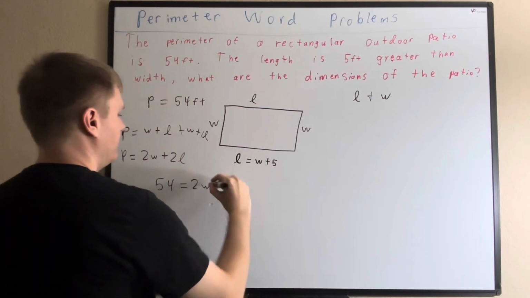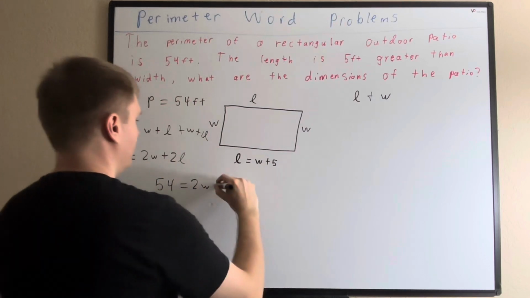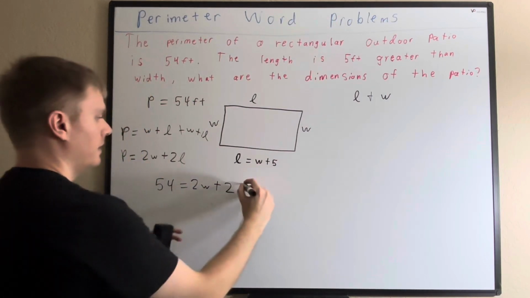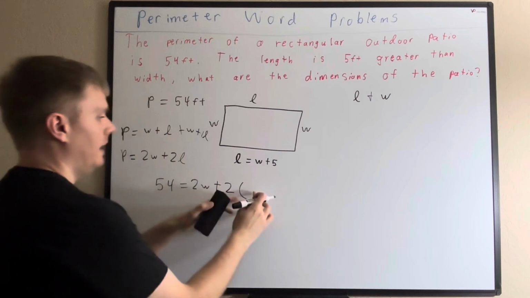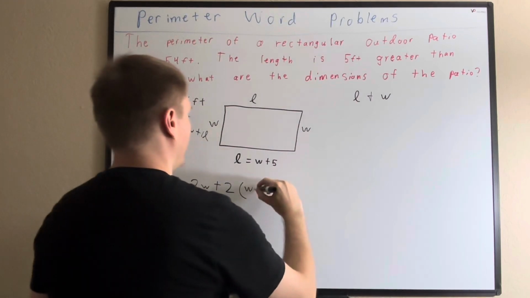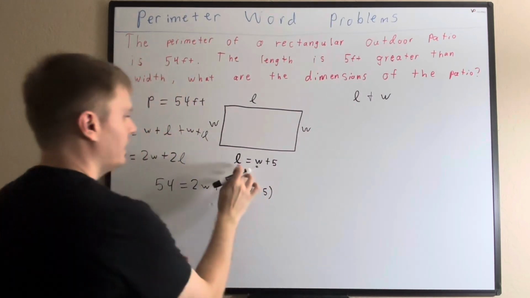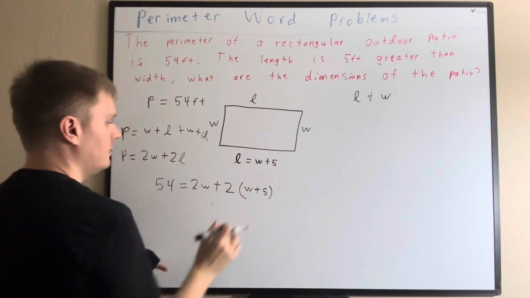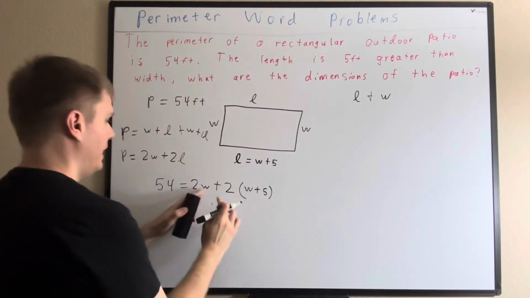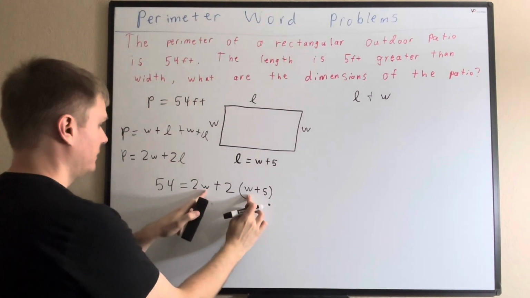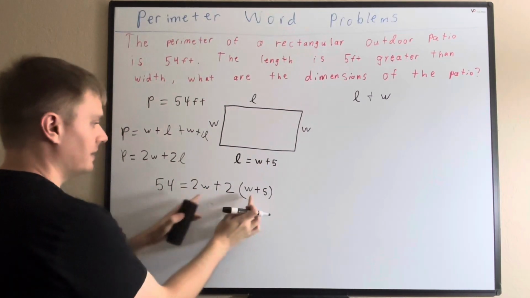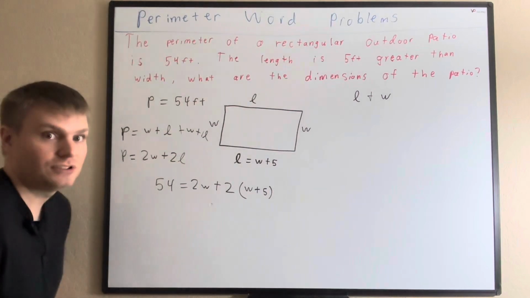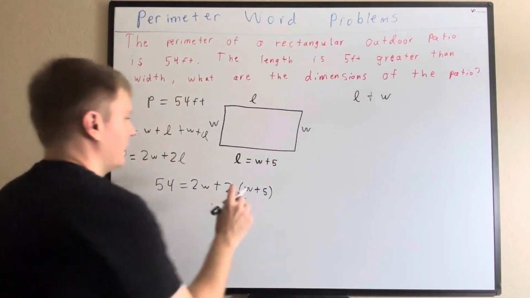So we can leave the 2W, and add 2L, but L is also W plus 5. Since we have L in terms of W, now our only variable in this entire equation is W. So now all we have to do is solve for the unknown variable.